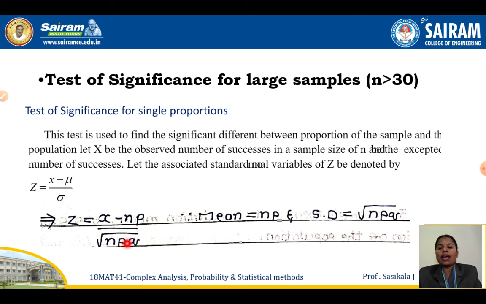What is sigma? As per the binomial, it is the root of npq, because of the large sample. So Z is x minus np by root of npq. The mean is np and the standard deviation is root of npq, replaced here.